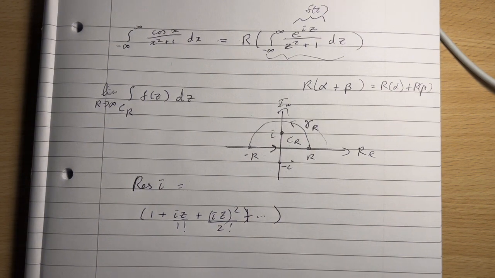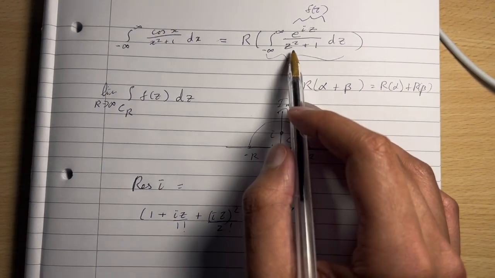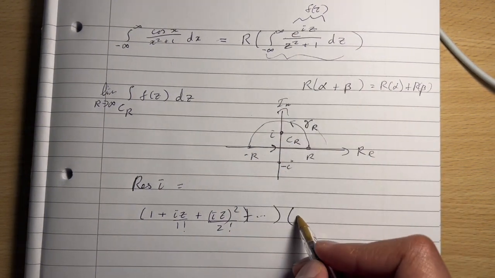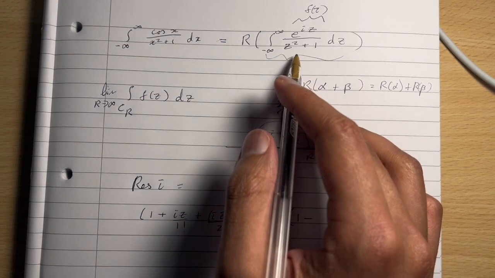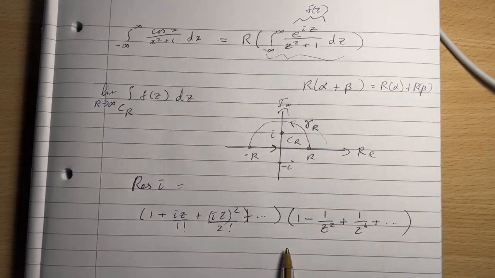Then we have this, which we can use a geometric series to do. Don't forget the minus, because that's how it is. Now seeing this, I feel like maybe I've messed up.